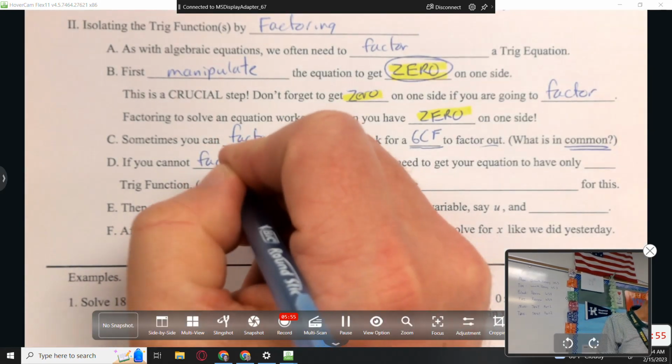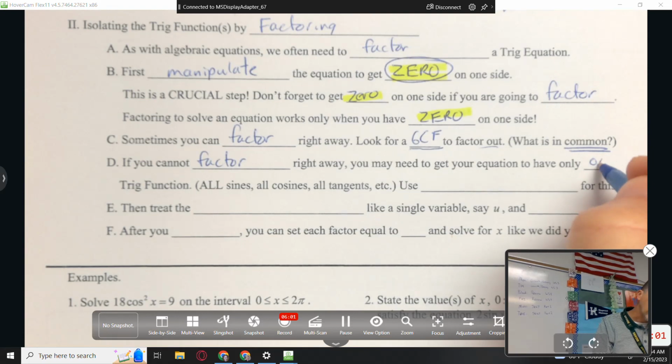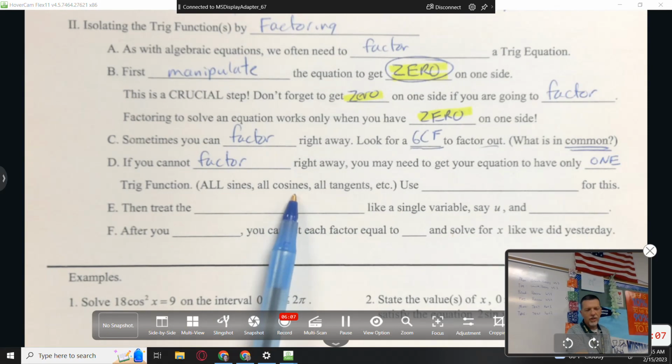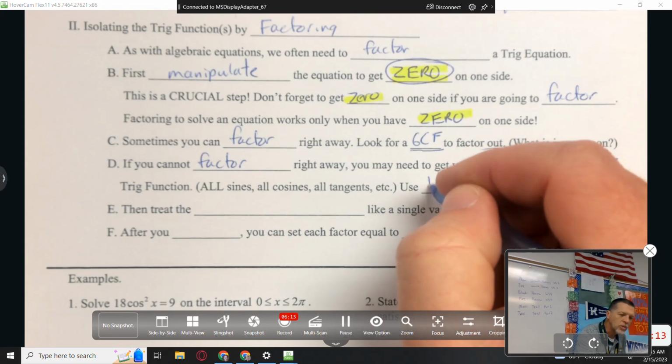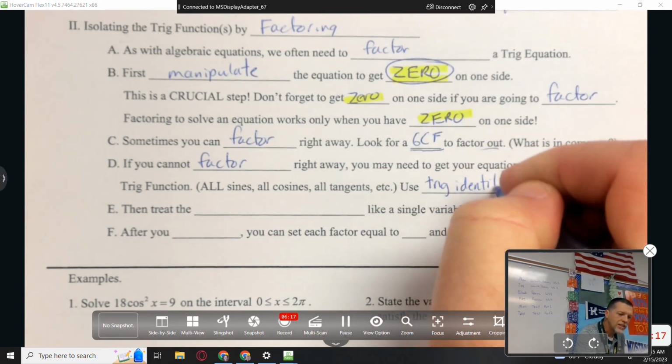If you cannot factor right away, you may need to get your equation to have only one trig function. We'll see this in a minute. Like if it has sines and cosines and tangents in it, then factoring gets a little bit wacky or maybe impossible. And you may have to use trig identities.